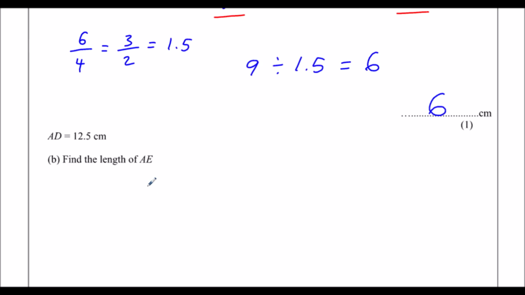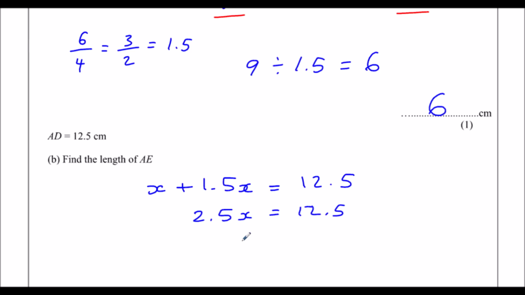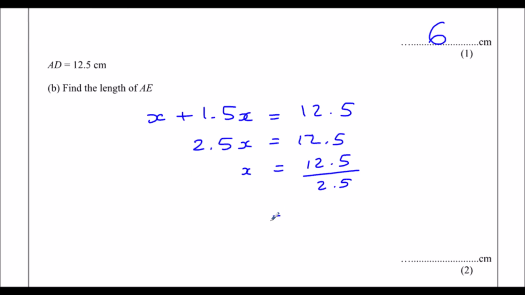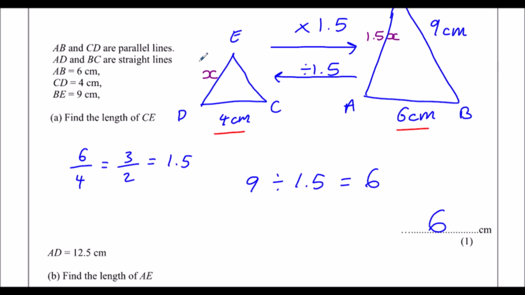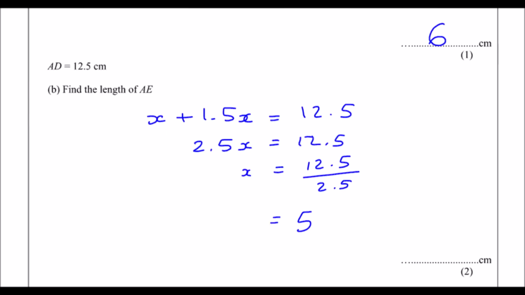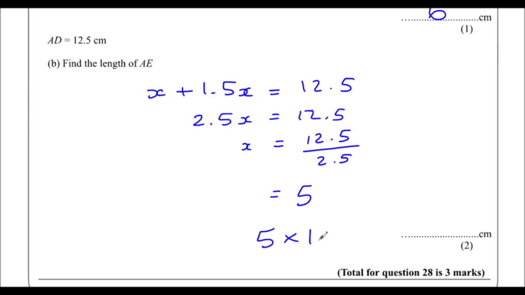So X plus 1.5 X equals 12.5. 1 plus 1.5 is 2.5. And if I divide both sides by 2.5, how many 2.5s go into 12.5? That's 5. So my ED is 5. So AE is 5 times 1.5, which is 7.5.